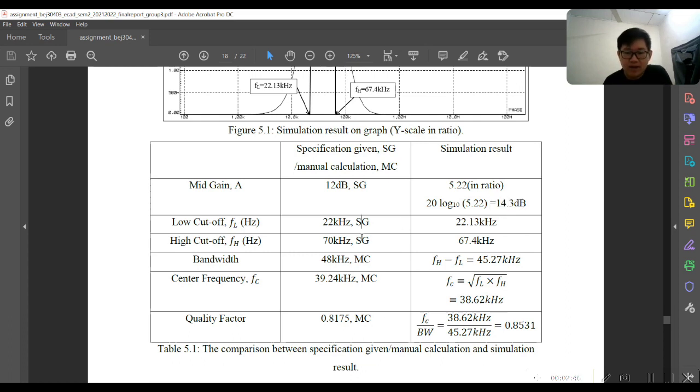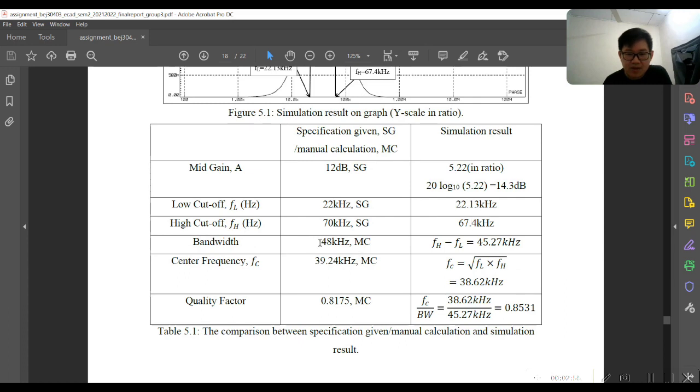For the low cutoff and high cutoff, they are slightly close in value, and the bandwidth value is 48 kHz, while our simulation result is 45.27 kHz.